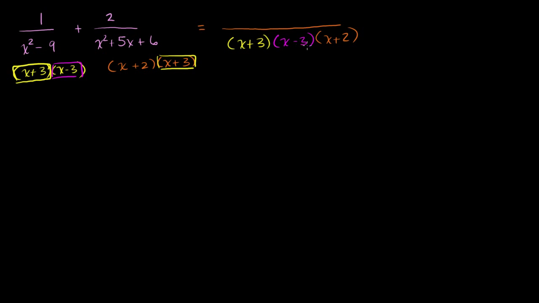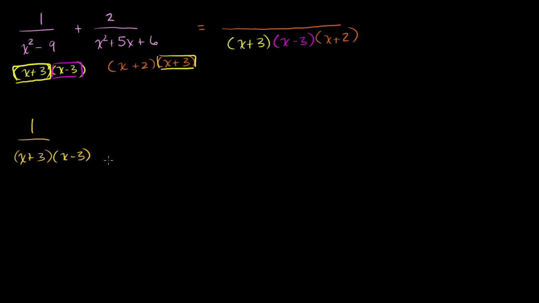Now, if this is the least common denominator, what do we have to change the 1 by? Let me write it this way: 1 over x plus 3 times x minus 3, which is the exact same thing as 1 over x squared minus 9.